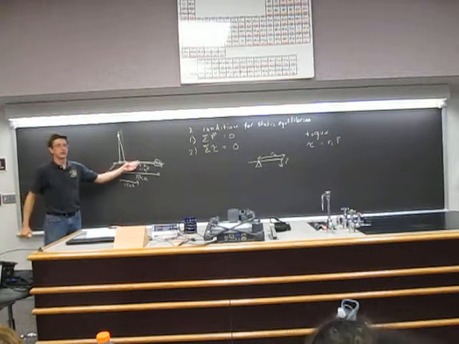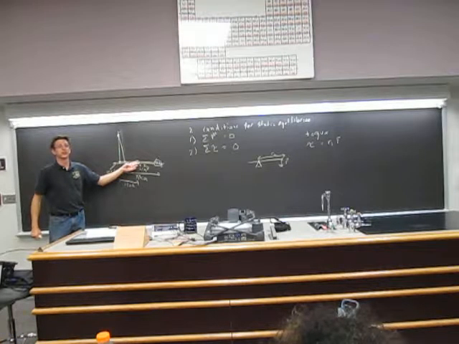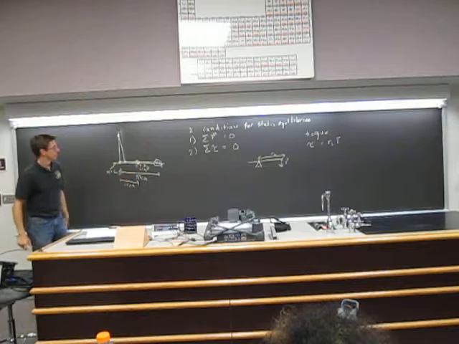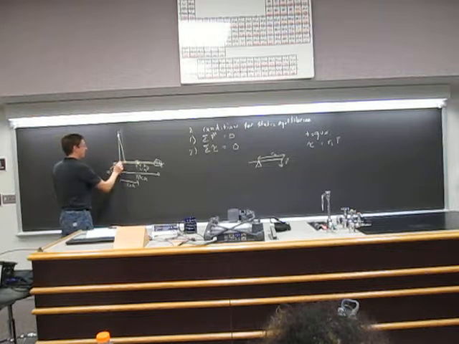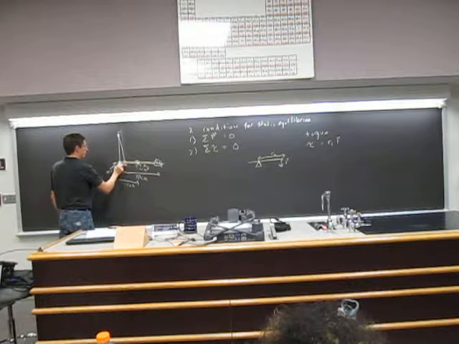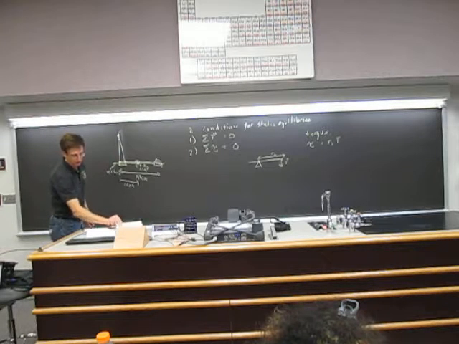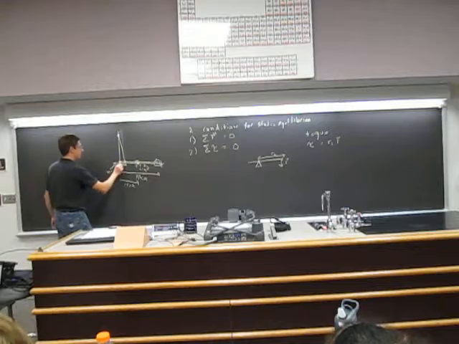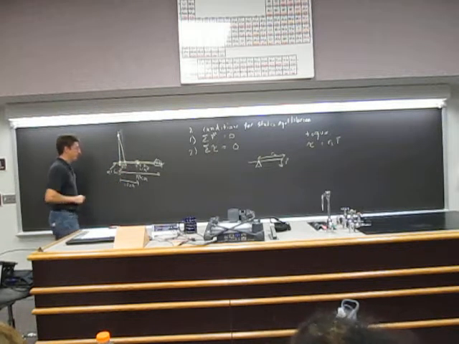Center of mass, we'll talk more about that next time, but this is effectively where gravity acts on the arm. And the distance between the elbow and where the bicep attaches is 4 centimeters.